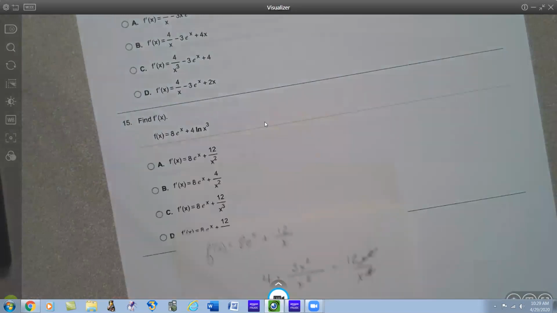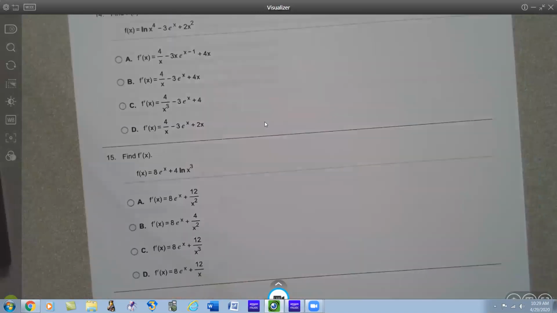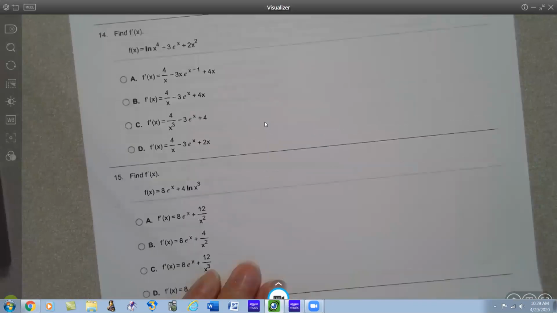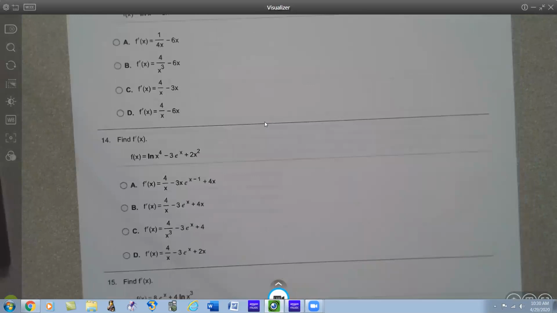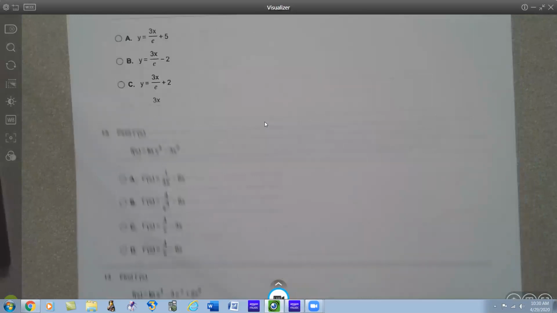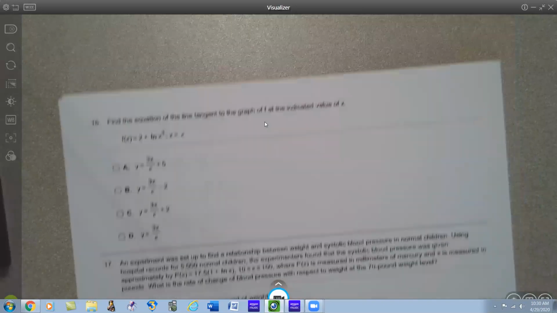So we all right? Yep. Anybody else? You want to see any more of those? 16 is another find the equation of the tangent line.